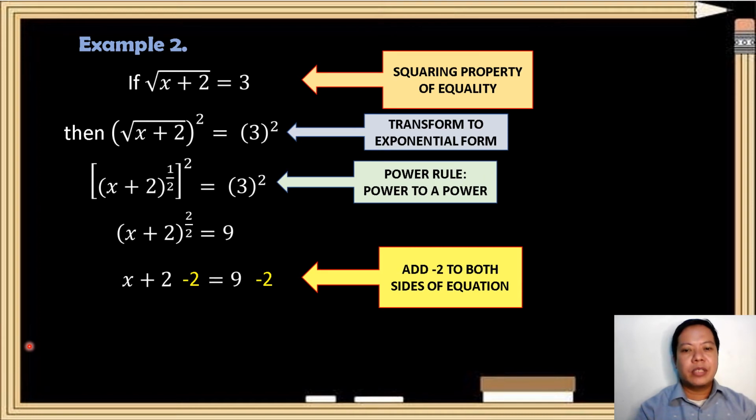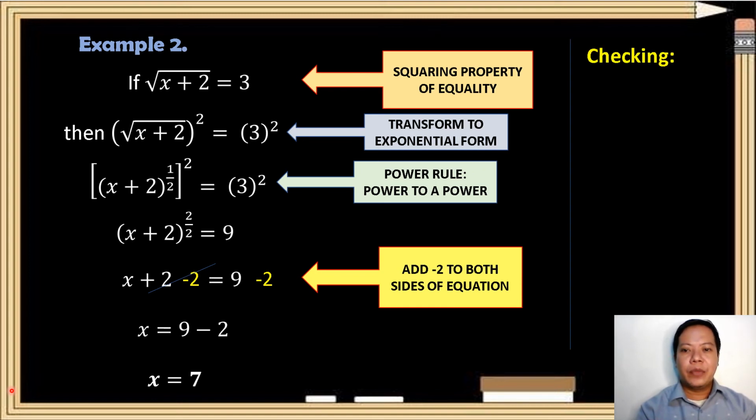Applying the additive inverse, positive 2 plus negative 2 is 0. So we have x on the left side, and then 9 minus 2. Subtracting 2 from 9, the answer is x is equal to 7. So our solution for example number 2 is x equals 7.